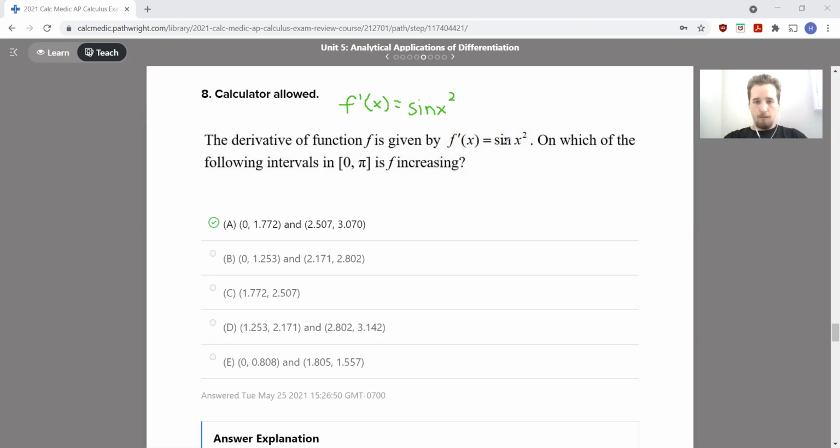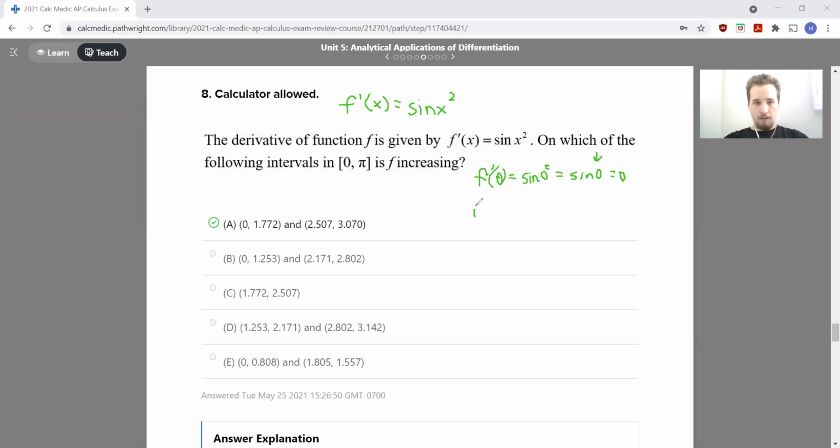if we plug in 0 and pi into sine x squared, well, f prime of 0 is sine of 0 squared, which is just sine of 0, which in this case is just 0, but I'm more concerned with what's inside here.